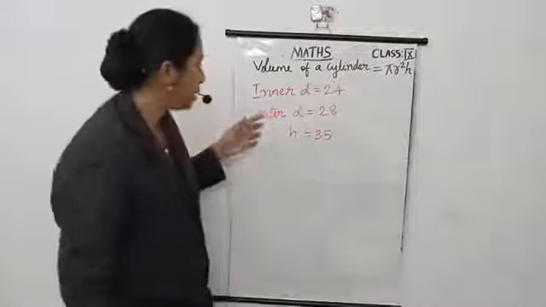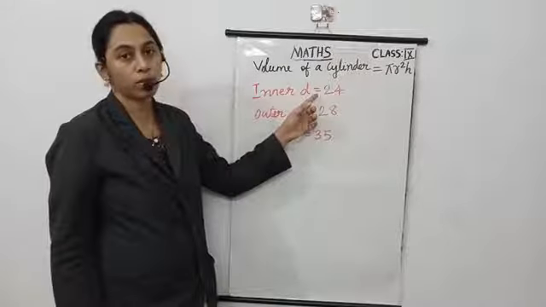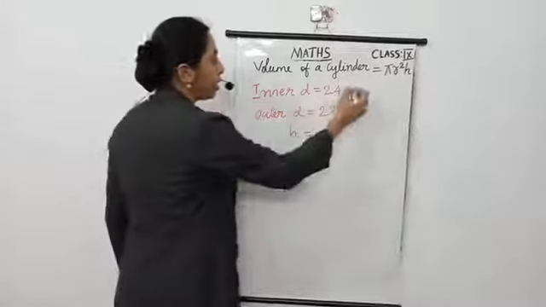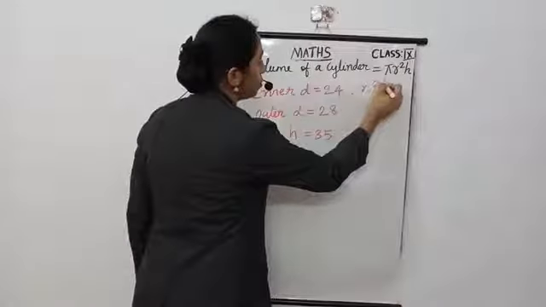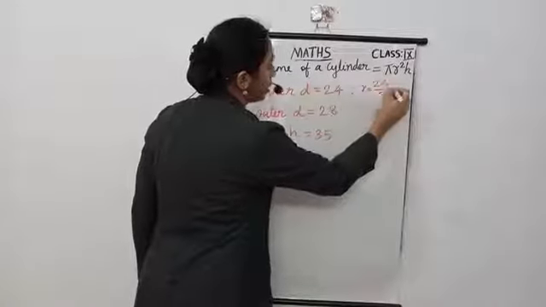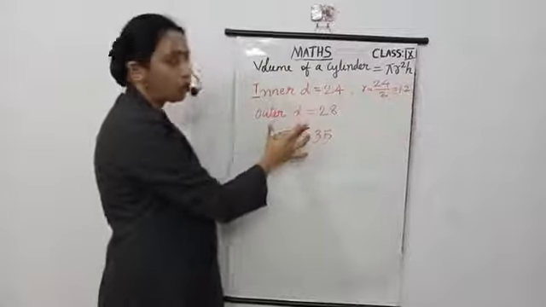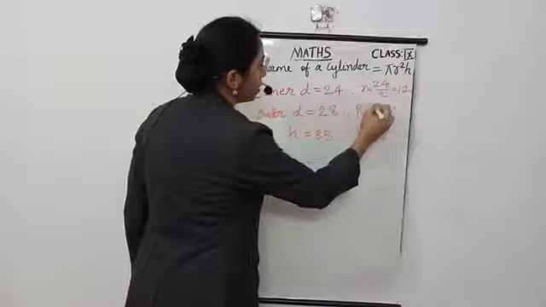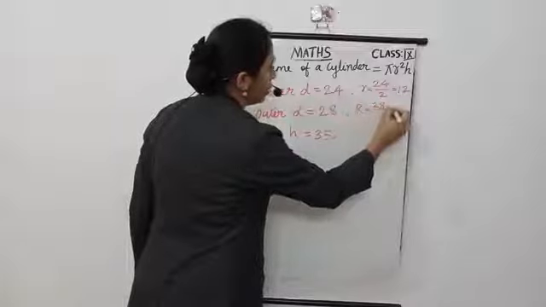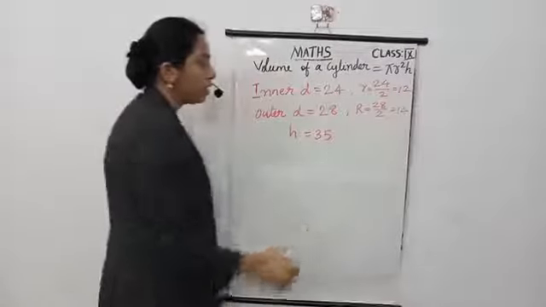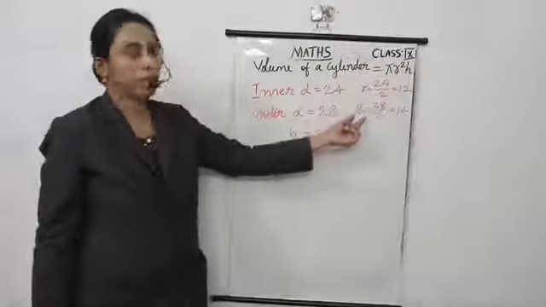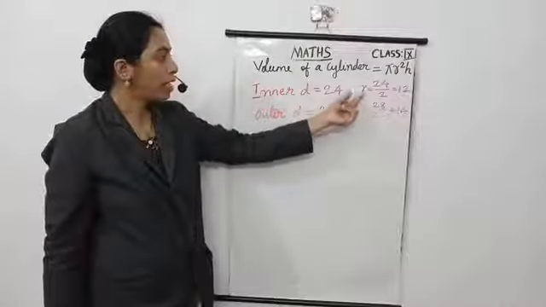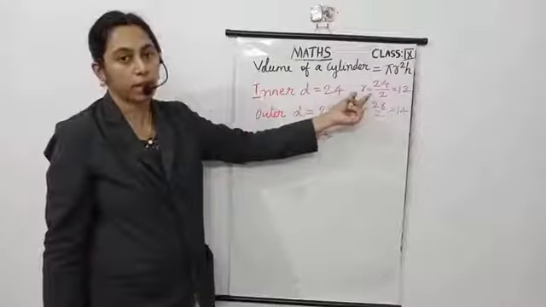So given the inner diameter 24, the inner radius is equal to 24 by 2, that is 12. The outer diameter is 28, then the outer radius is equal to 28 by 2, that is 14. We take the outer radius as capital R and the inner radius as small letter r.